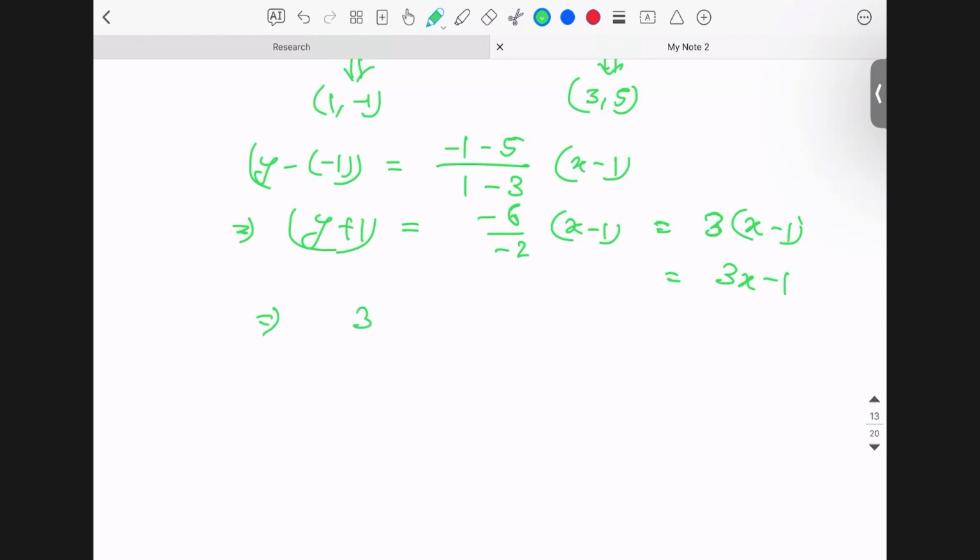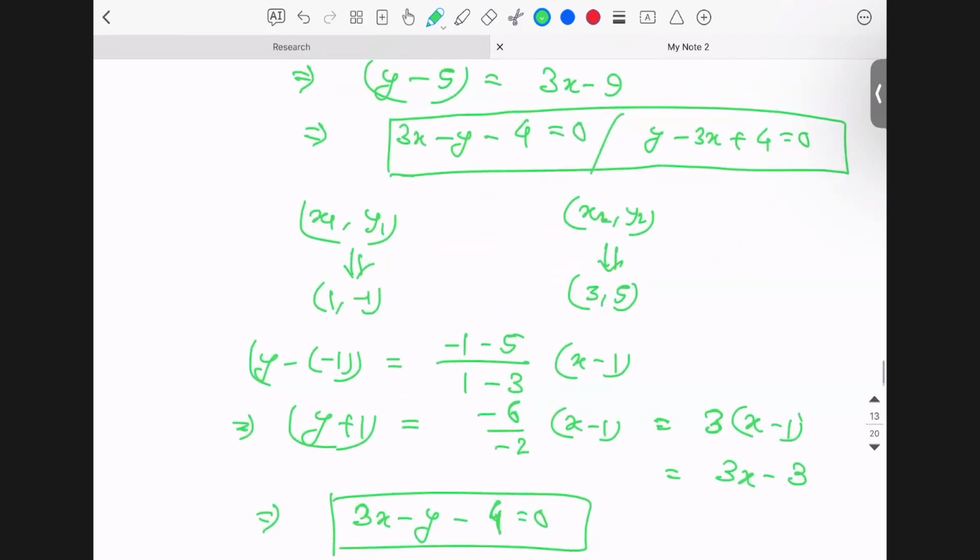So simplifying this, we will get 3x minus y. Sorry, it is not 3x minus 1. This will be 3x minus 3. So ultimately, we get 3x minus y minus 4 equal to 0.